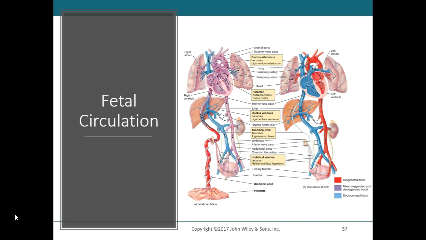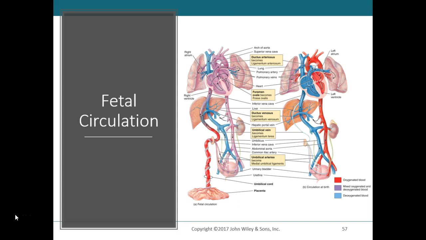So we do need to send a little bit of blood out there, though, for those developing tissues, but not for gas exchange. So there's an opening called the foramen ovale in the septum, the wall, between the right and the left atria. So most of the blood that enters the right atrium is going to pass through that foramen ovale into the left atrium and go right into systemic circulation.